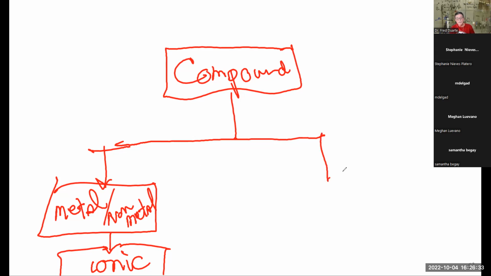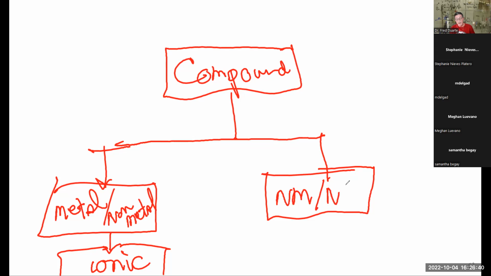Now, the other scenario, if it's made up of a non-metal combined with a non-metal, then it is covalent.